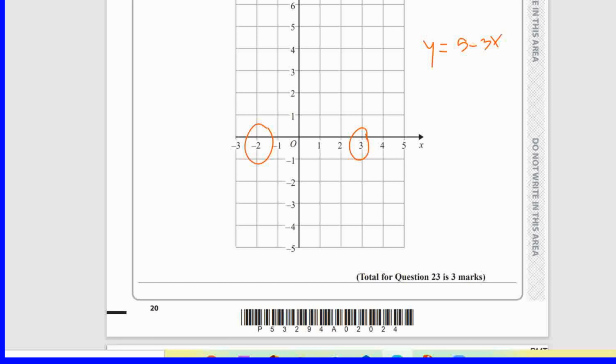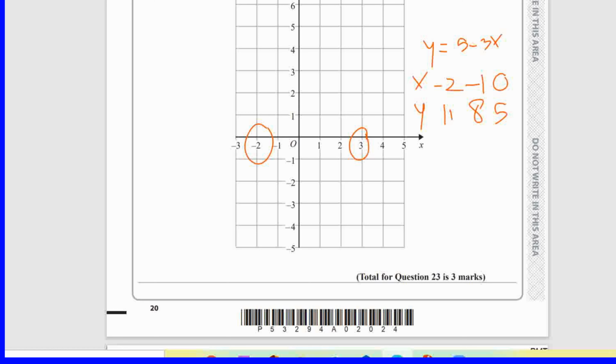We can make a table. If x is -2, then -3 times -2 is 6, plus 5, so it will be 11. If x is -1, -3 times -1 is 3, plus 5 will be 8. If x is 0, it will be 5.